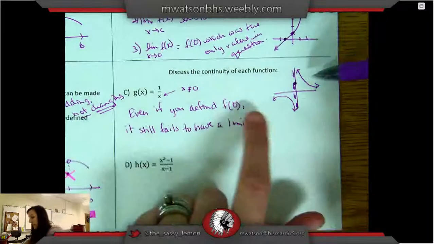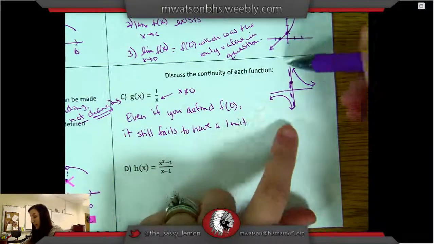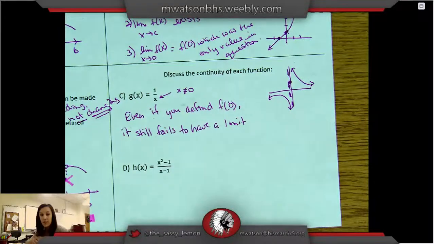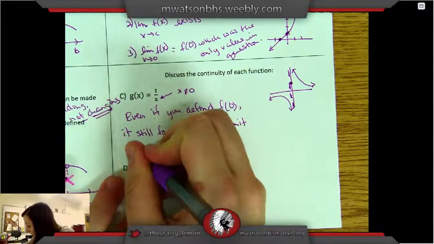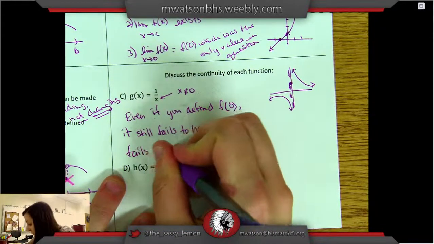So it still doesn't meet the second condition, which is that the limit exists. So there's nothing you can do about it because it fails condition 2.